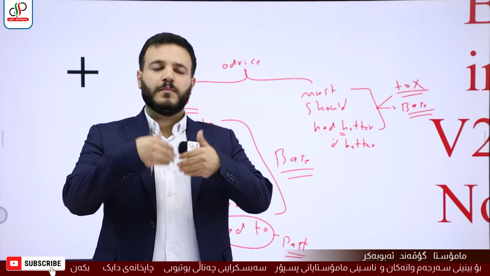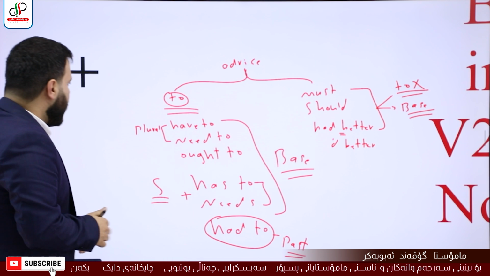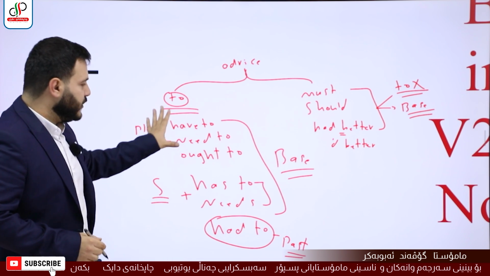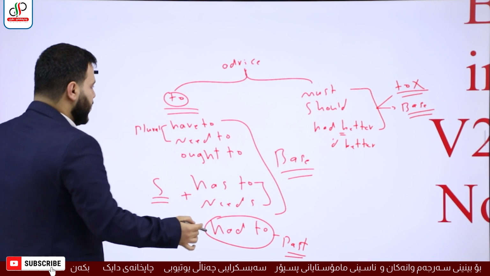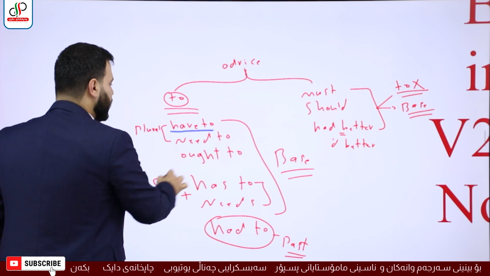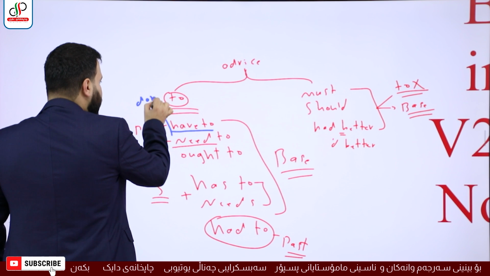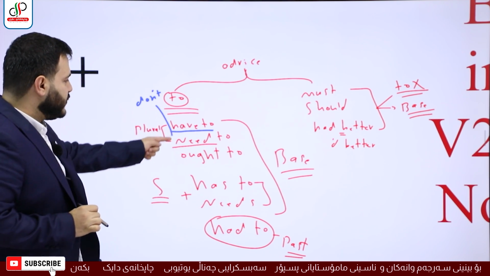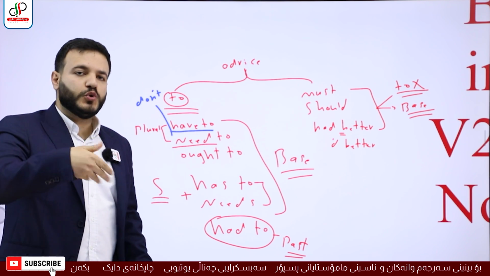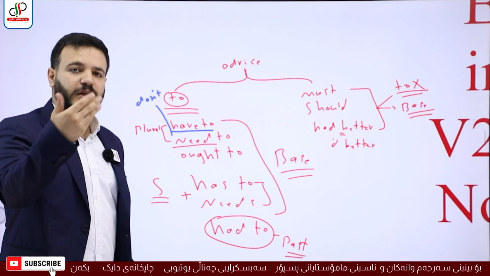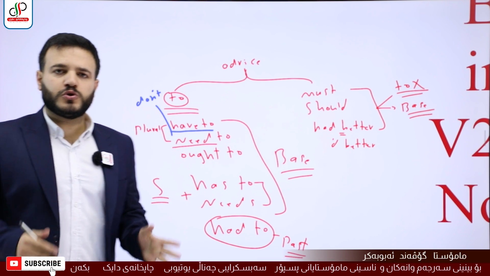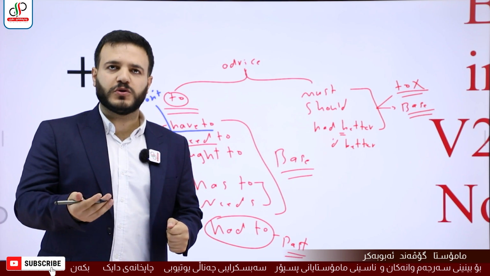How to make them into the negative form? If we change have to or need to into negative, we have to say don't. We have to add don't before have to and need to. We have to say you don't have to or you don't need to. How about ought to? Should I say you not ought to?